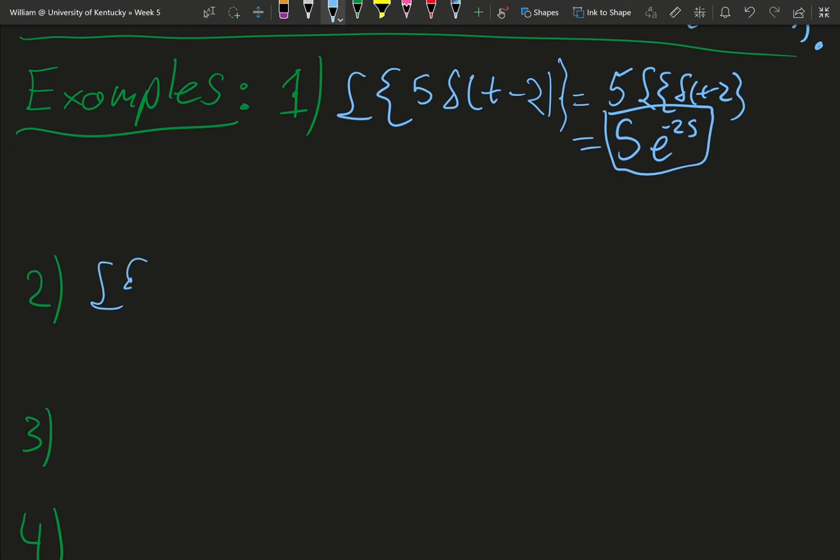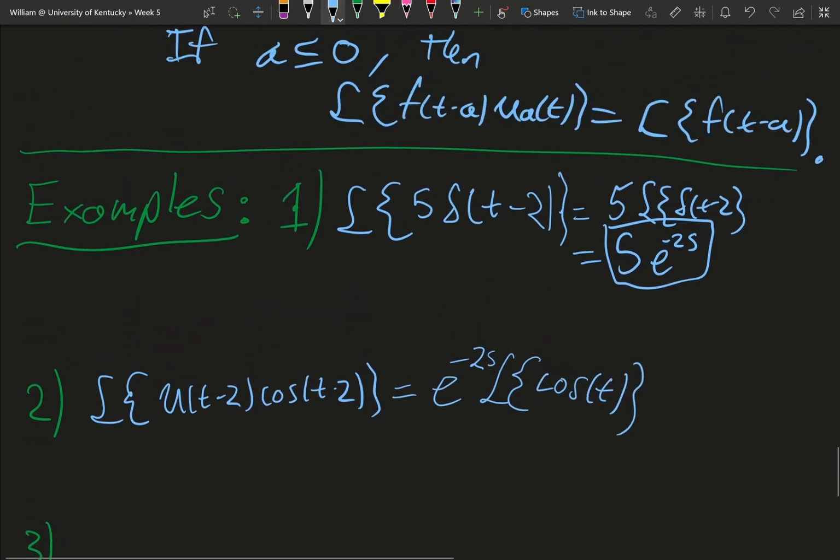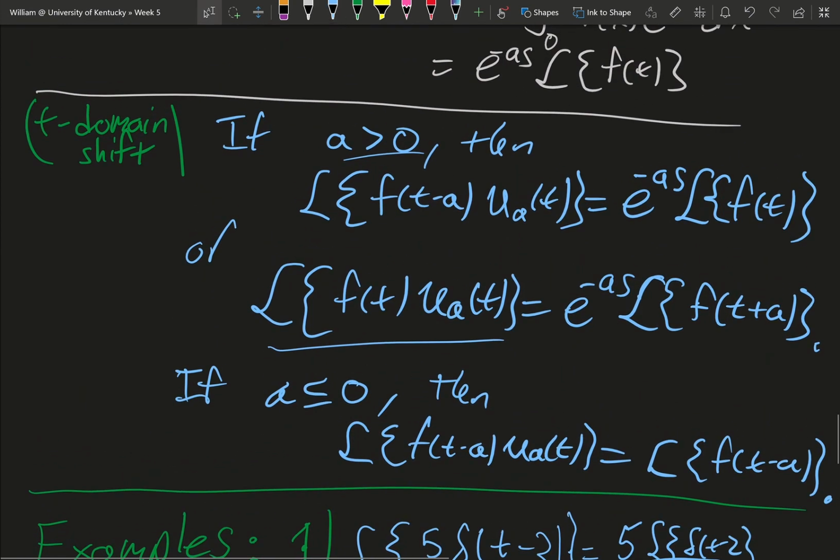If I want to compute the Laplace transform of, let's say, u of t minus 2 times cosine of t minus 2, well, that's e to the negative 2s times the Laplace transform of cosine of t, right, using this t-shift rule right here.